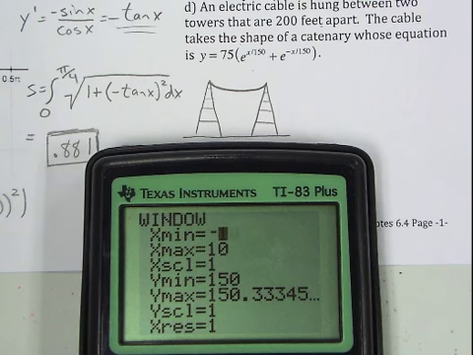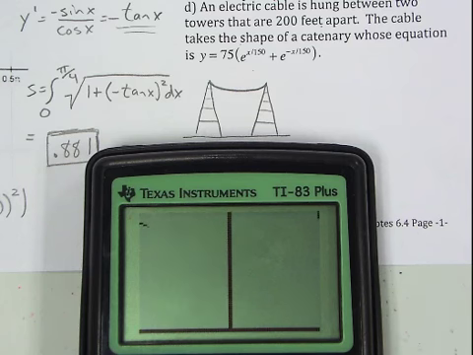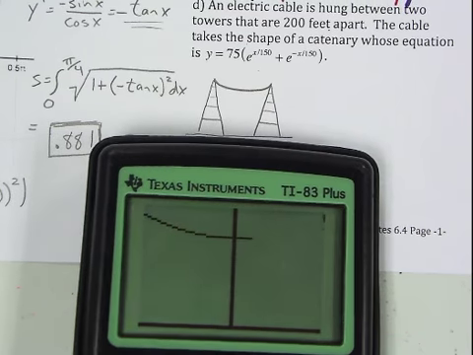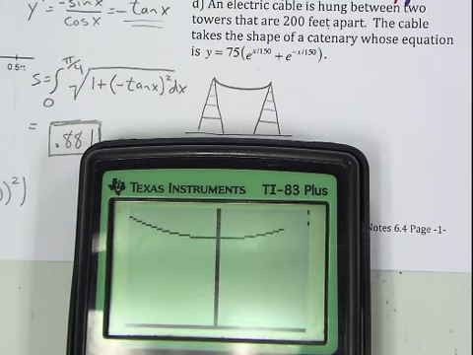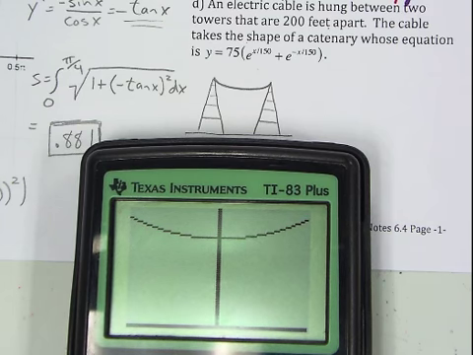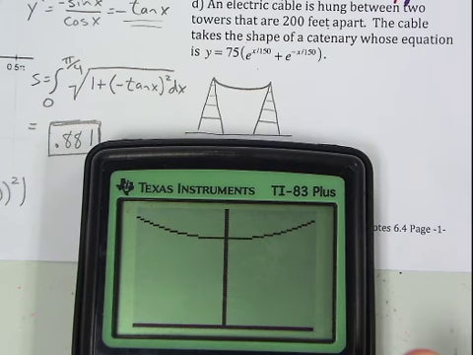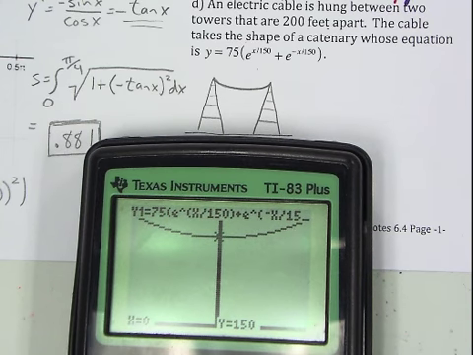Now, we want to be able to see the ground, so we'll just start at 0, and we'll go up to like 200. Found it. There it is. That's what it actually looks like. So you can see the cable is 150 feet off the ground at its lowest point right there.